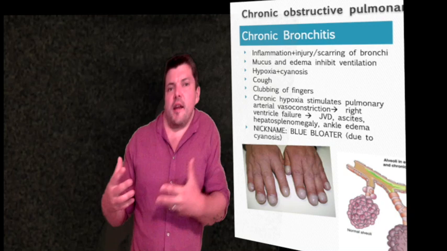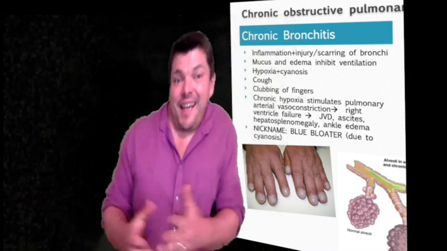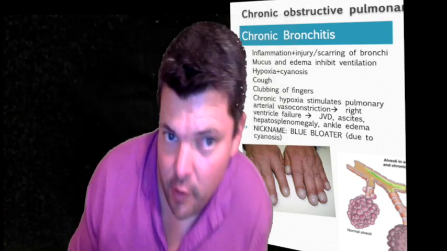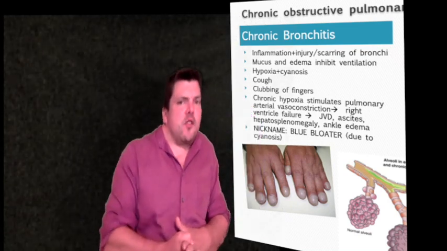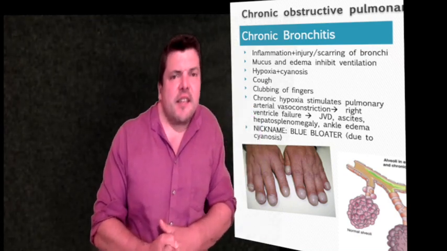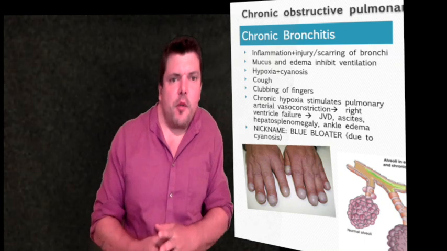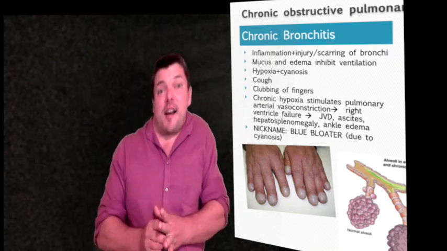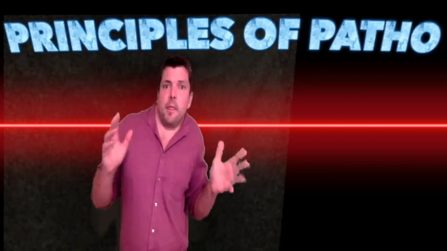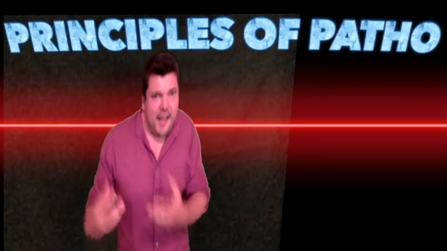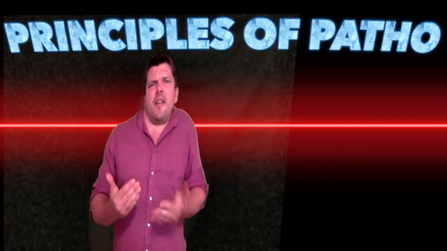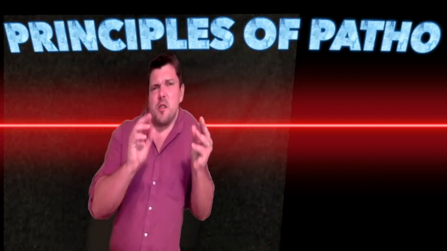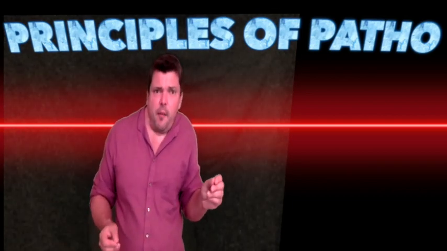In addition, chronic hypoxia can stimulate pulmonary artery vasoconstriction, which is a compensatory mechanism to get more blood up into the pulmonary vasculature and get more oxygen into the blood. One of our principles of patho is that although our body has compensatory mechanisms for many, many things, they're only meant to be used for a brief period of time.